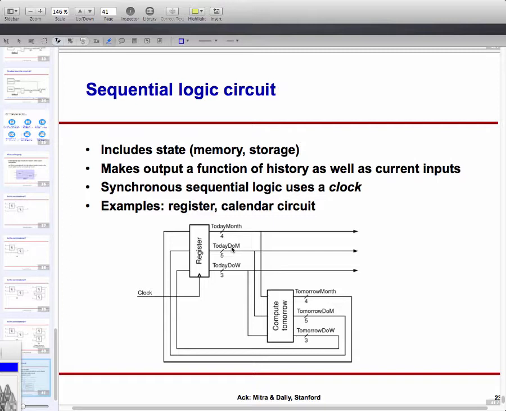So there is some storage area out here where we are storing the values, and those are the ones which we are outputting. Our calendar circuit is an example of it, but in general, our computers are an example of it, right?